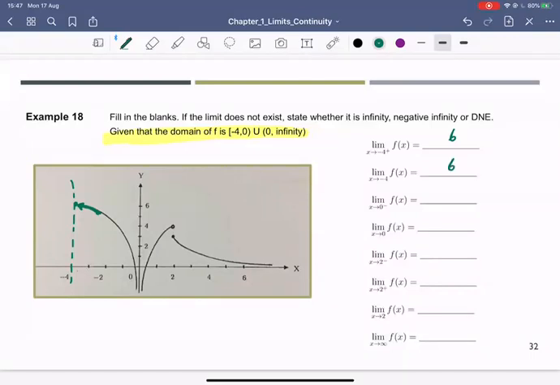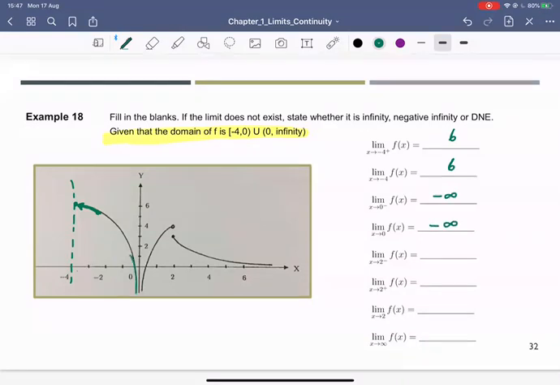Well, because the domain is just negative 4 to 0 and 0 to infinity. And then the limit as x goes to 0 from the left is negative infinity. And then the limit as x goes to 0, this is also negative infinity, right?